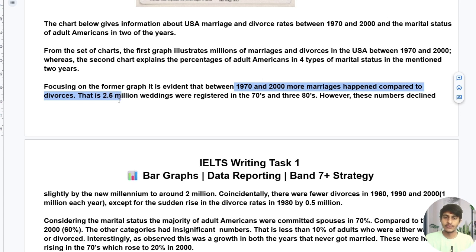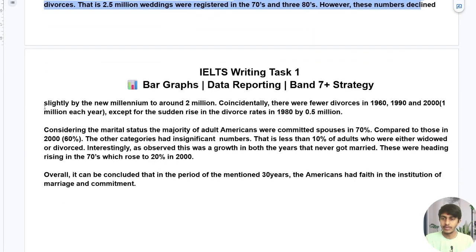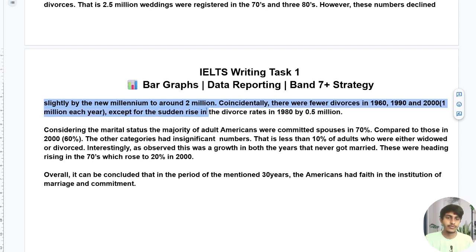That is, 2.5 million weddings were registered in the 70s and 80s. However, these numbers declined slightly by a few million to around 2 million. Coincidentally, there were fewer divorces, 1 million each year in 1990 and 2000, except for the sudden rise in divorces in 1980 by 0.5 million.